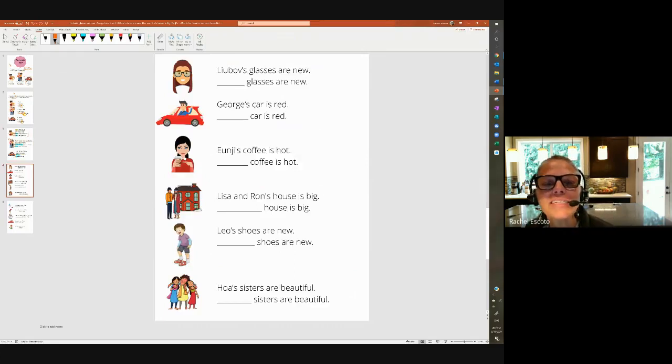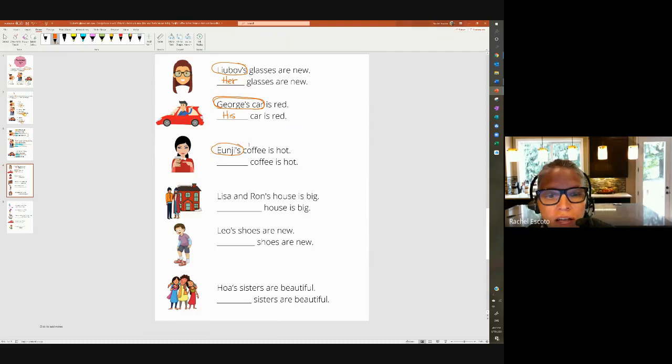Lubov's glasses are new. So Lubov is a woman, and we need to use a possessive adjective here. So we say, her glasses are new. Now we're talking about George's car. George's car belongs to him, so we say, his car is red.